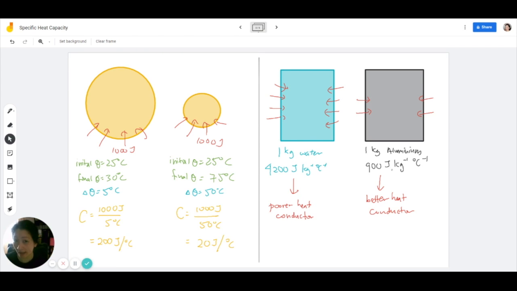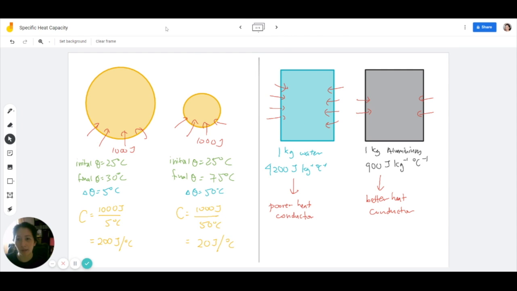So once we understand how the values of specific heat capacity represent the heat conduction of materials, it makes it easier for us to select the materials in terms of the application when we're building objects or devices, and we need to take into consideration thermodynamics.